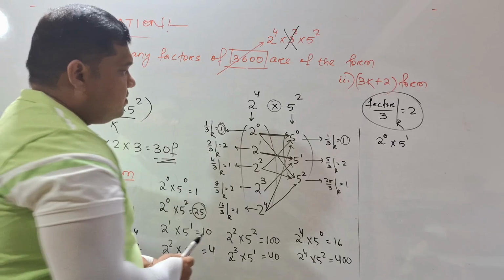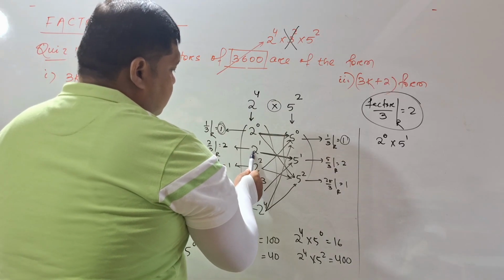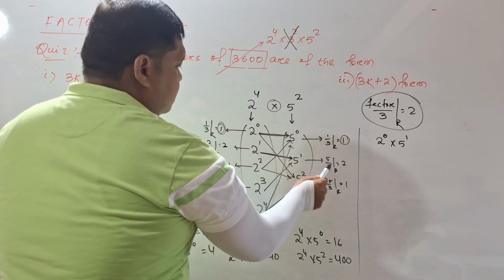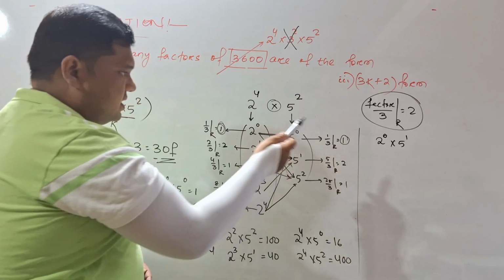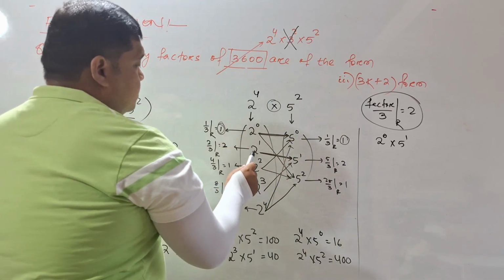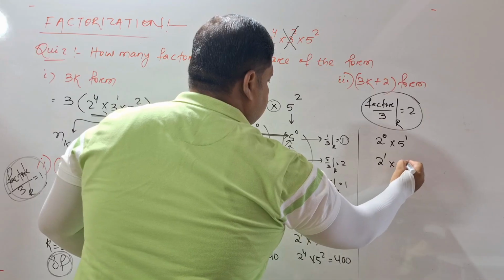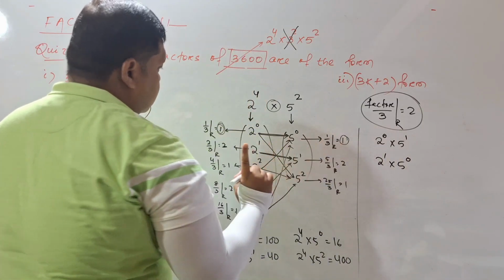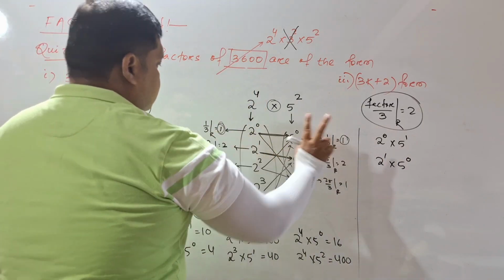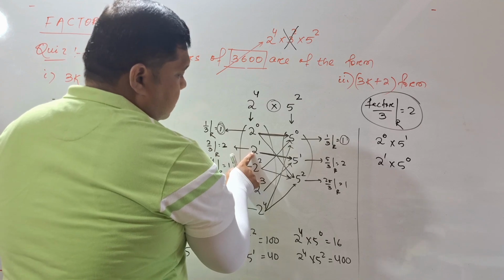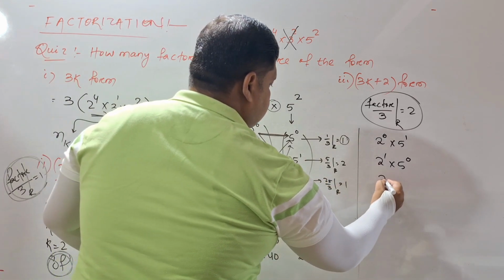Then 2 to the power 0 into 5 to the power 1. I mean basically number is 5. Then 2 to the power 1 into 5 to the power 0. Because this is 2. 2 into 1, 2. Now 2 to the power 1 into 5 square.